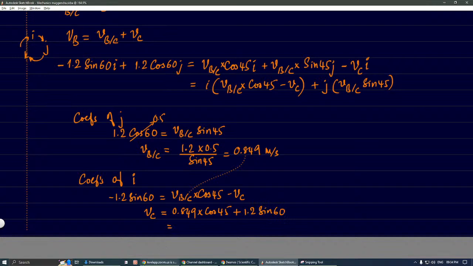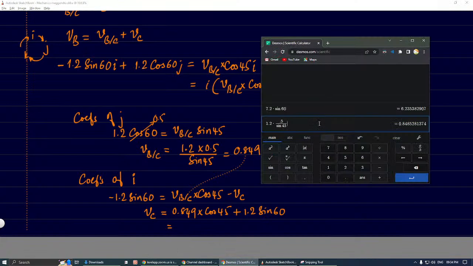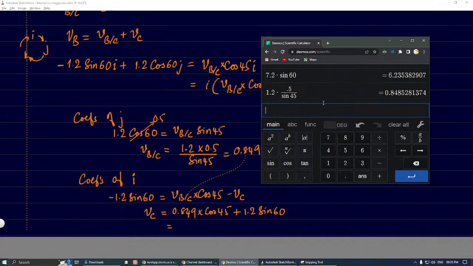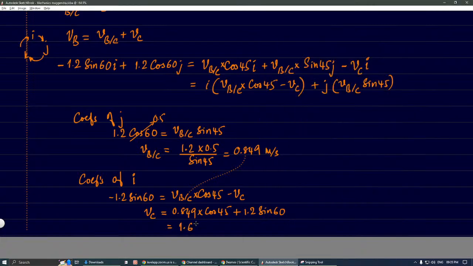Do this and you will get it. 0.849 into cos 45 plus 1.2 sin 60 gives 1.639, so 1.64 we can take. 1.64 meters per second.